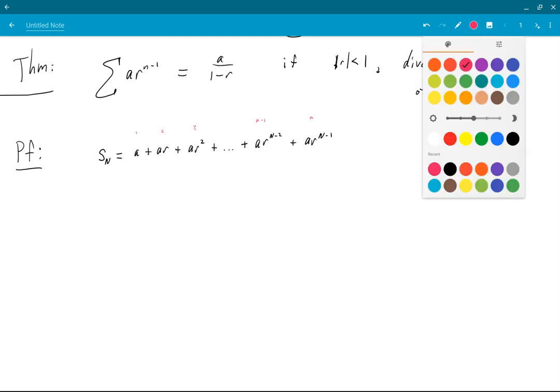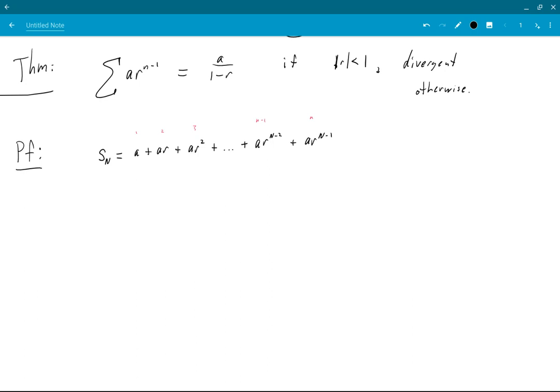Now, a little trick here, which we're going to use. What I want to find is lim Sn, which equals the summation that I'm looking for, right? So I'm going to do a funny trick.